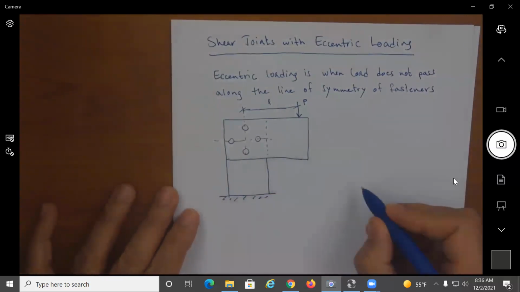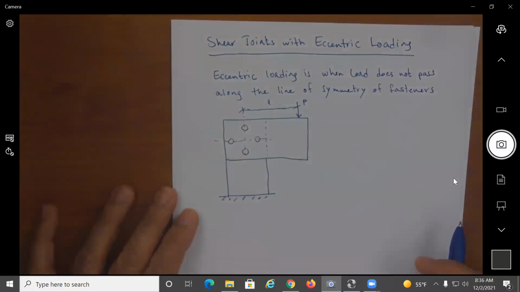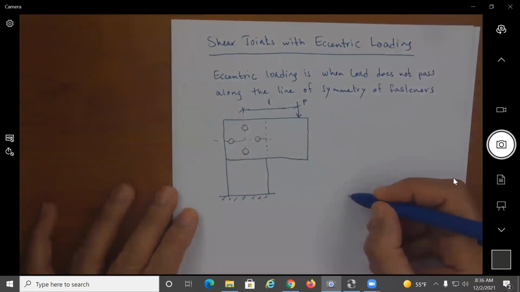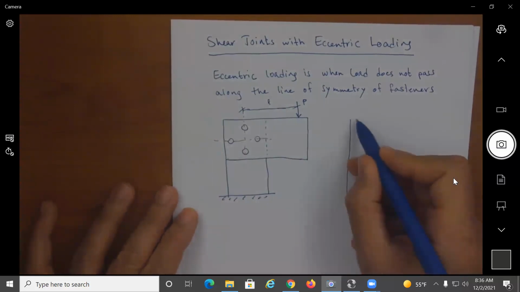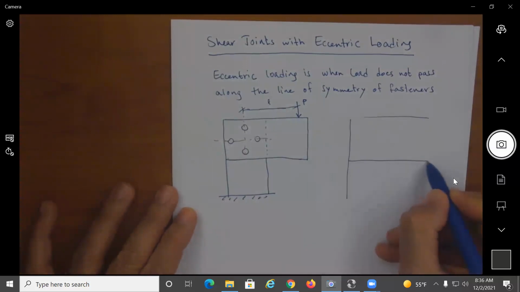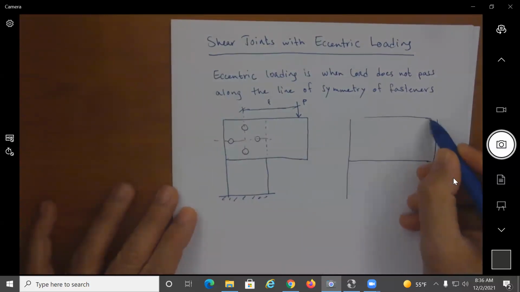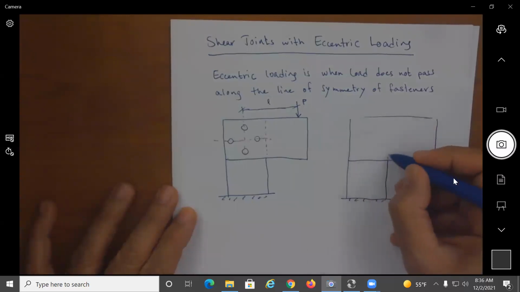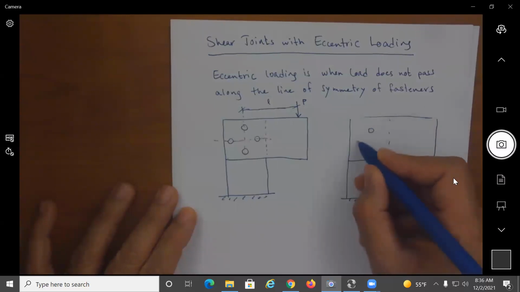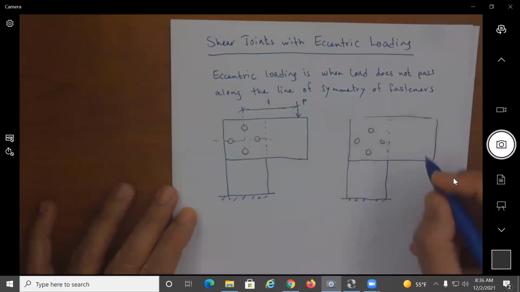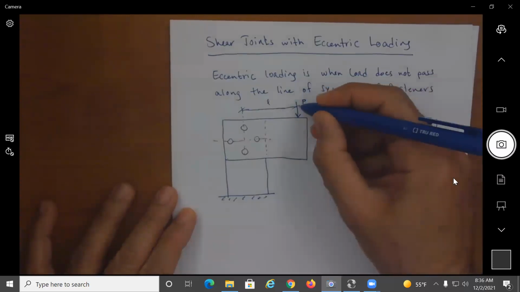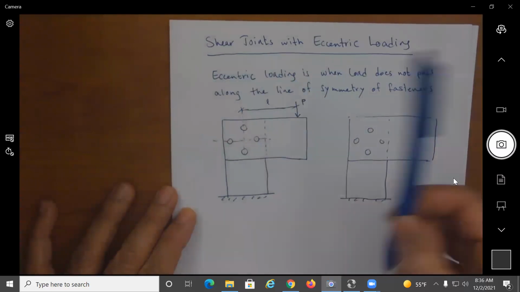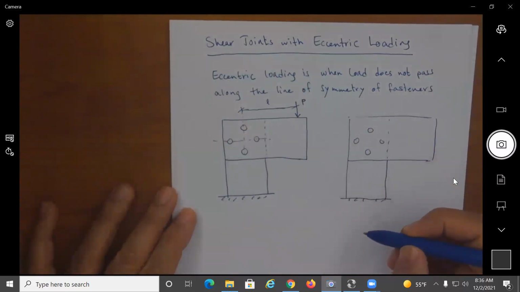Now we can make this load concentric, by moving the load to a line parallel to its line of action, but going through the centroid, or making it along the line of symmetry.